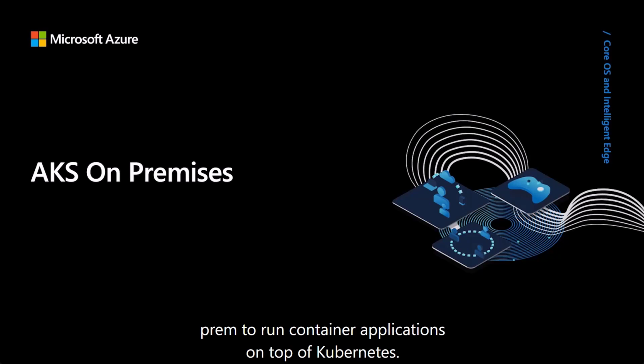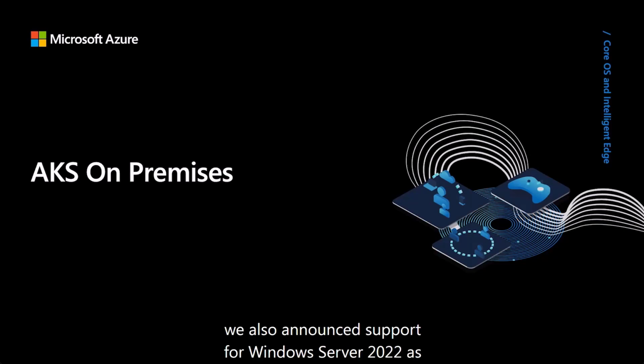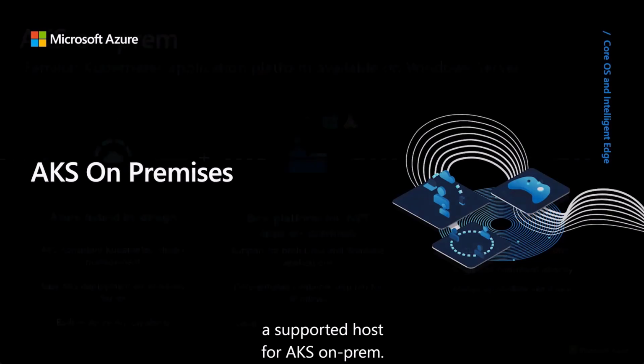on top of Kubernetes. Since we announced GA back in 2020, we have supported AKS on Windows Server. In October of last year, we also announced support for Windows Server 2022 as a supported host for AKS on-prem.